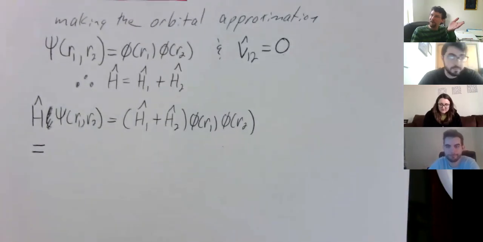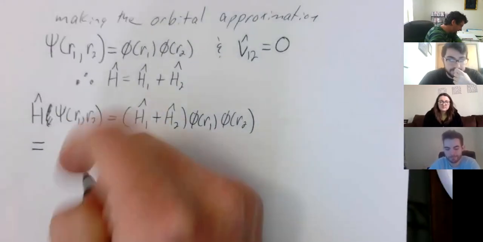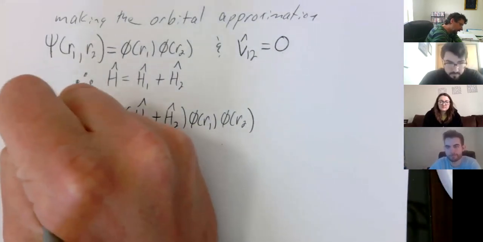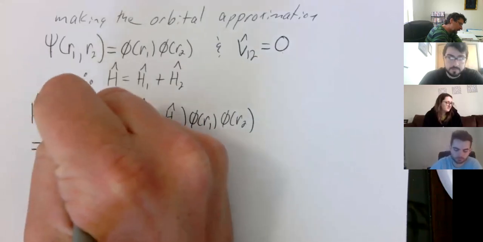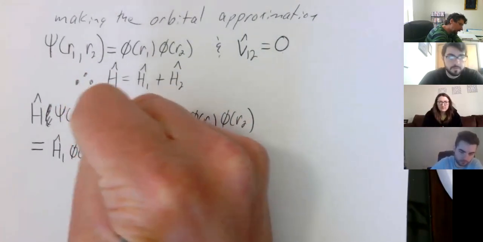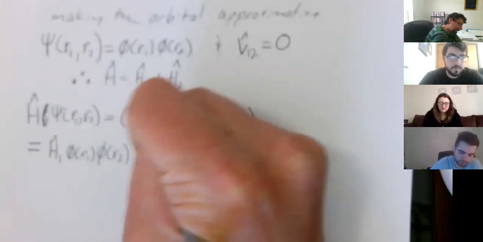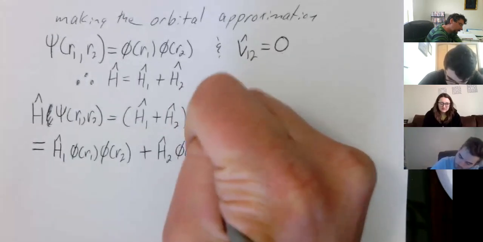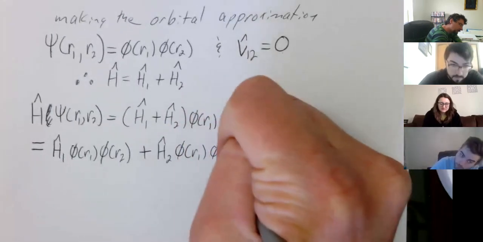So let's apply this to each of these. So we get H hat 1 phi of R1 times phi of R2 plus H hat 2 phi of R1 times phi of R2.